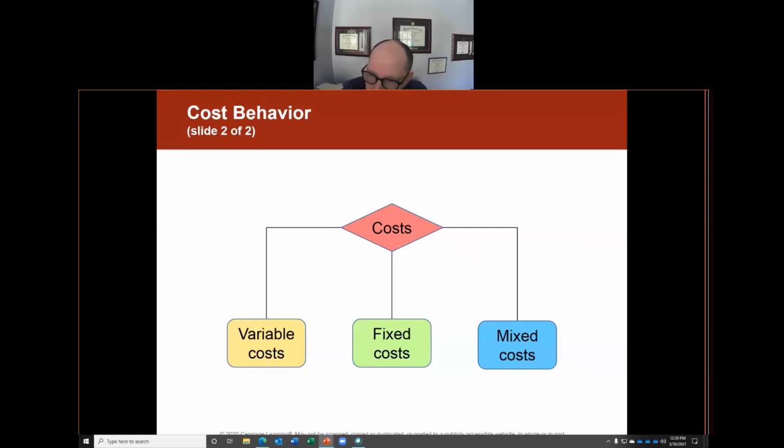They're costs that do not change regardless of the level of output. The third category, and this may be new to some of you, is called mixed, M-I-X-E-D, mixed costs. Mixed costs are a combination of both variable costs and fixed costs together.